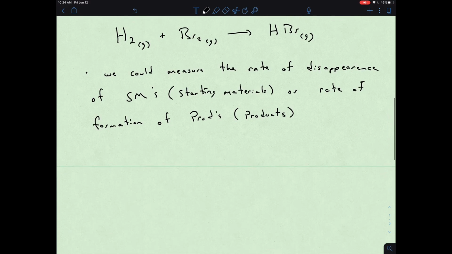So if we just looked at an average rate, we could look at the average rate of hydrogen consumption.